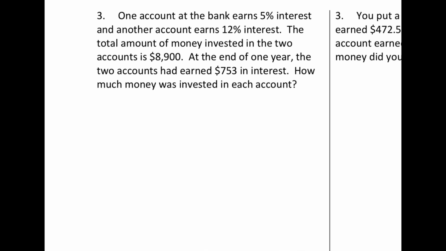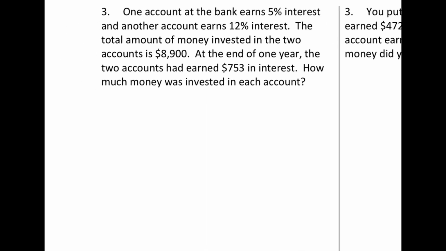Okay, so this is how we're going to set this one up. We have two bank accounts, but we still have two items of information that we're looking for. Let's see. I'm going to write it like this.